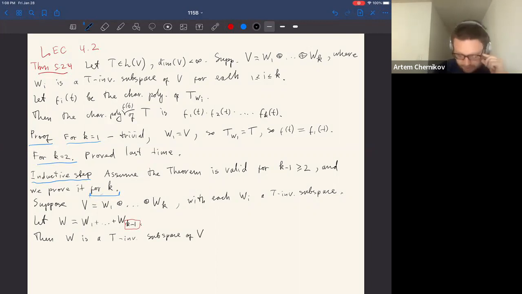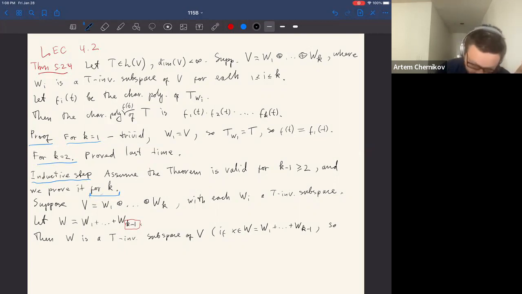Let's make sure, let's check it. Assume that x belongs to W, which is the sum W1 through W(k minus 1). Let's remember what it means for a vector to belong to the sum of subspaces.